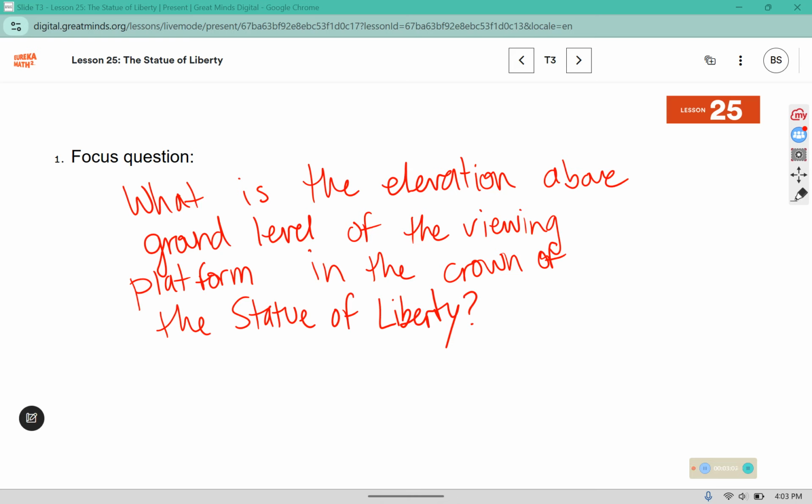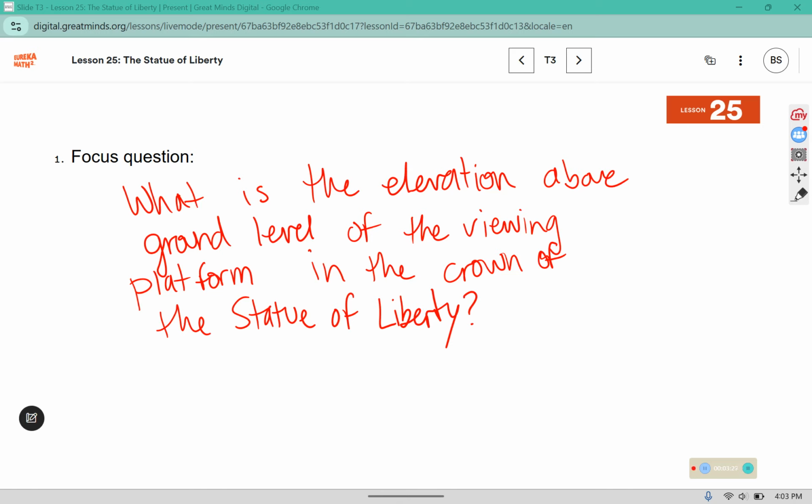What information might we need to gather to determine the elevation of the crown? Well, maybe we need to know how many stair steps there are from the elevator to the crown, or how high each step is.